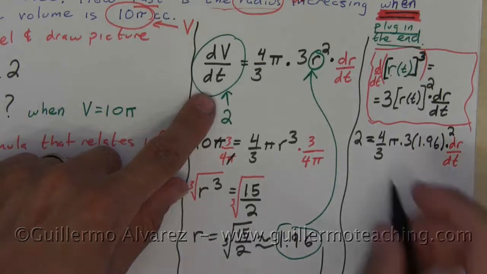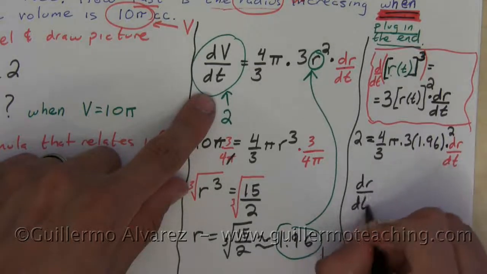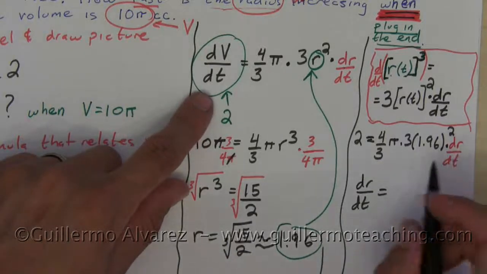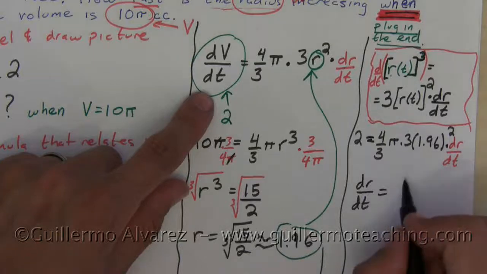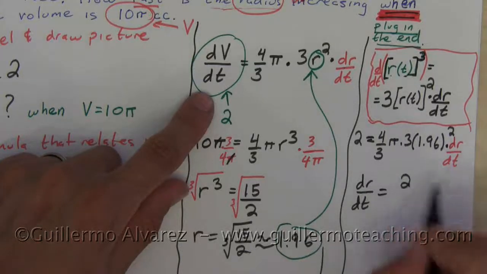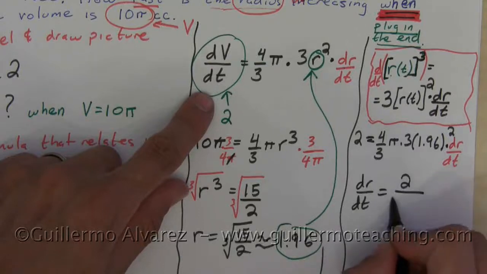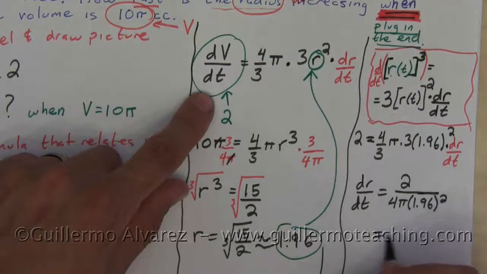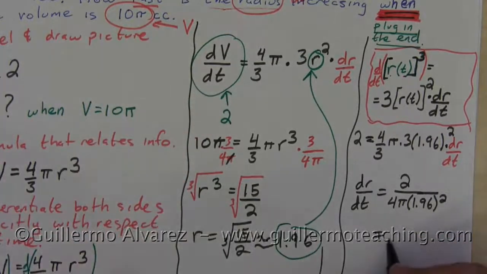And if we solve for dr over dt, we should get around 2 over 4 pi times 1.96 squared, which is approximately 0.04. And this is centimeters per second. And that's it.